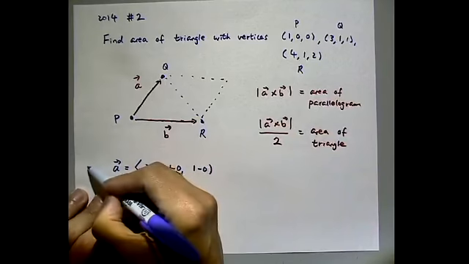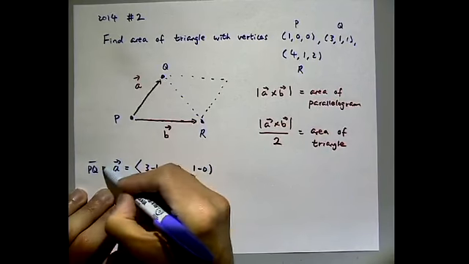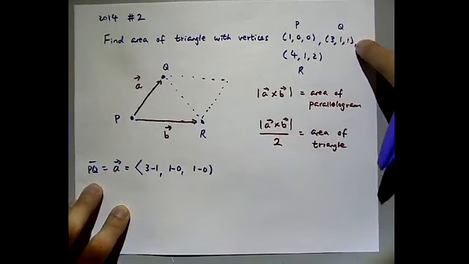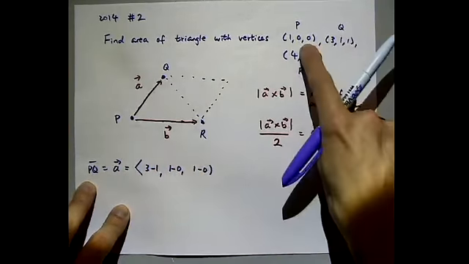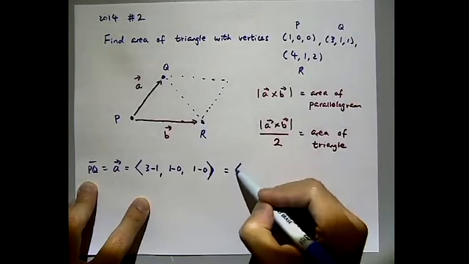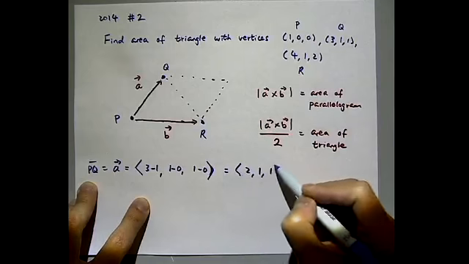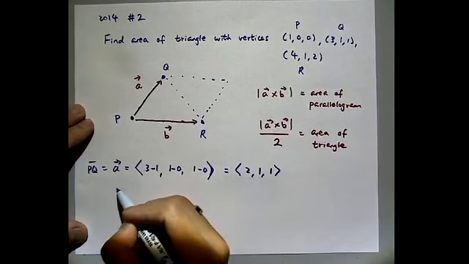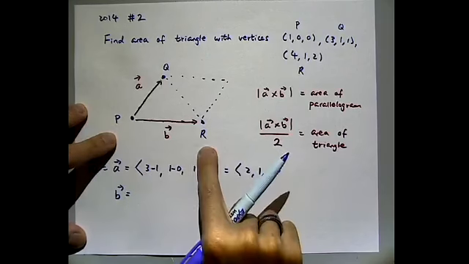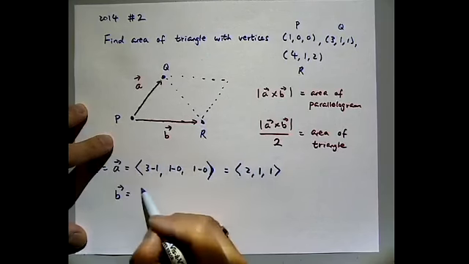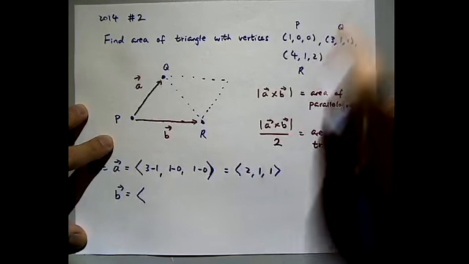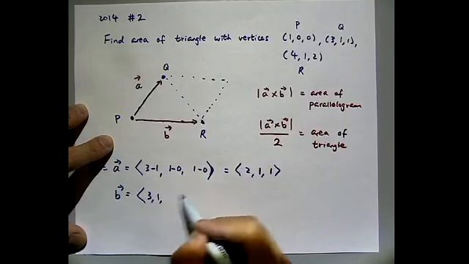So this is P to Q. So you take the destination coordinates, subtracting away the origin coordinates. And that's 2, 1, 1. And then similarly for B, its destination is R, origin is P. So we take destination coordinates, subtracting the origin coordinates, 3, 1, 2.